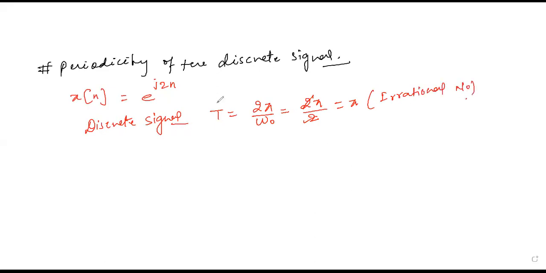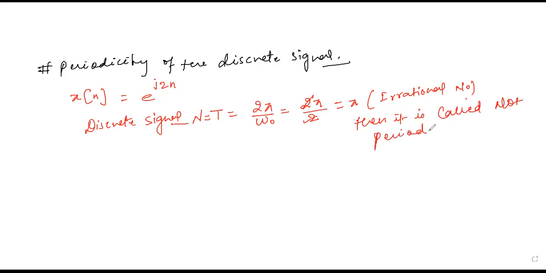So if the time period T is an irrational number, and this T is calculated here as capital N, so if N equals pi, an irrational number, then it is called not periodic.